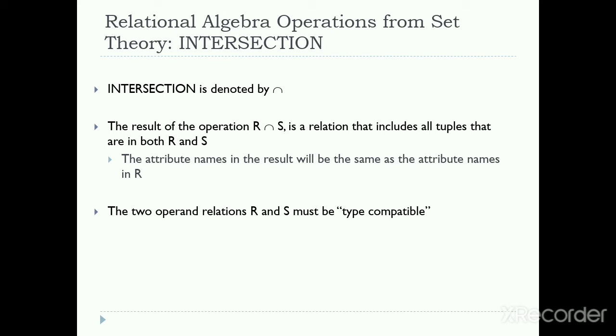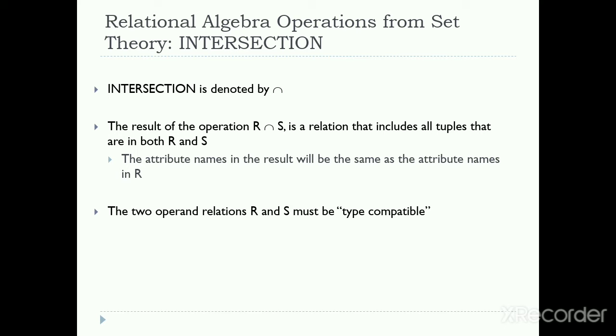Now the next is intersection. It is denoted by an inverted U, and the resulting relation will include all the tuples which are common in the two operand relations.